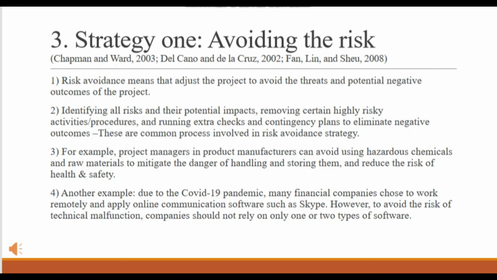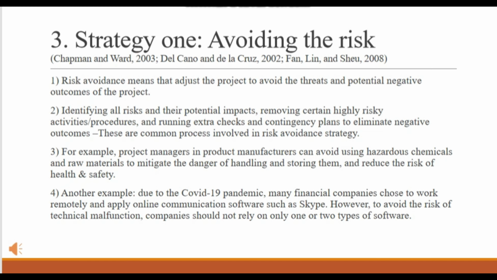Moreover, the process of risk avoidance could involve identifying risks and their potential impacts, removing certain highly risky activities and procedures, and running extra checks and contingency plans to eliminate negative outcomes.